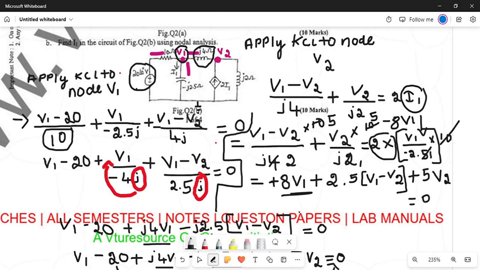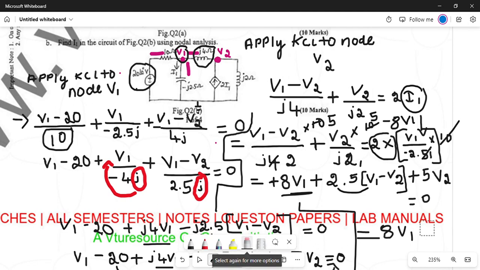Okay, so next we'll simplify this. What happens when we simplify it? I'll write things directly because I guess you can understand. If we multiply 2.5 with v1 and 2.5 with v2, we get 2.5v1 minus 2.5v2. After the subtraction, when we do 2.5v1 plus 8v1, what do we get? This is 5.5v1.